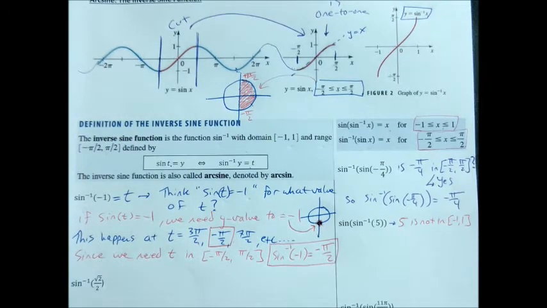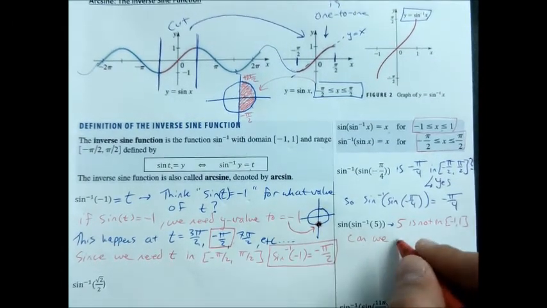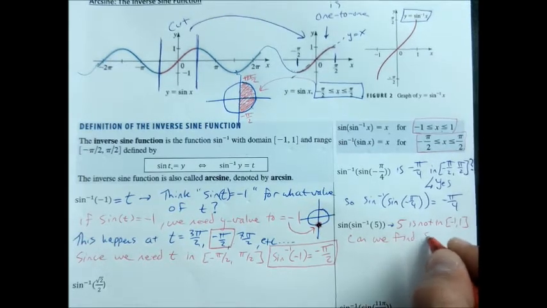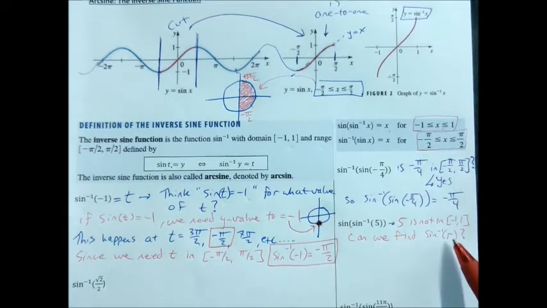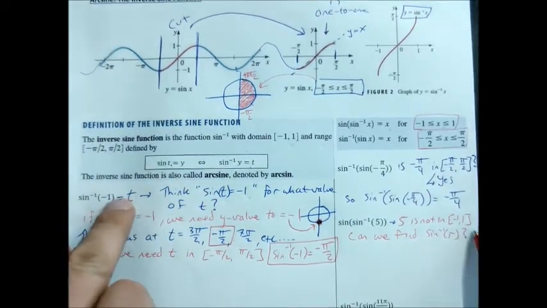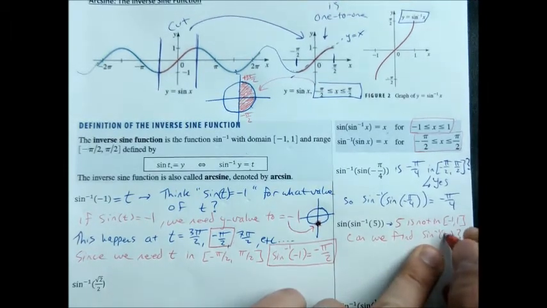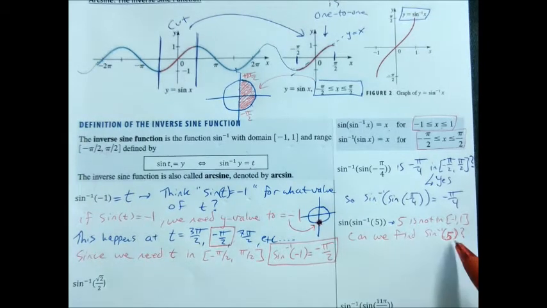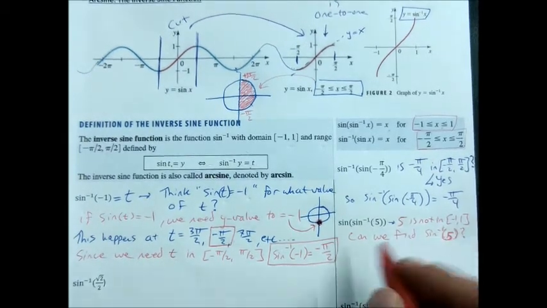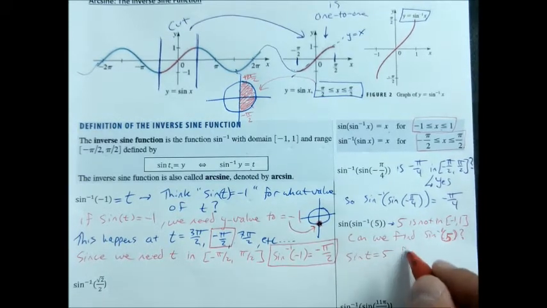And so let me just point out what happens if we tried to calculate that in the first place. Can we even find sine inverse of 5? Judging by what we did over here, this is sine inverse of minus 1. If we wanted to do sine inverse of 5, we think, sine of what gives me 5?